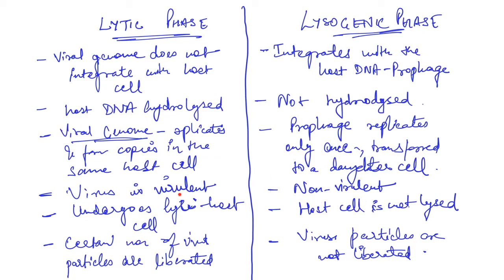Then in lytic, the host cell undergoes lysis, whereas in the lysogenic phase the host cell is never lysed. In the case of lytic, certain virus particles are liberated, but virus particles are not liberated in the case of the lysogenic phase. And I hope you understood the entire video.